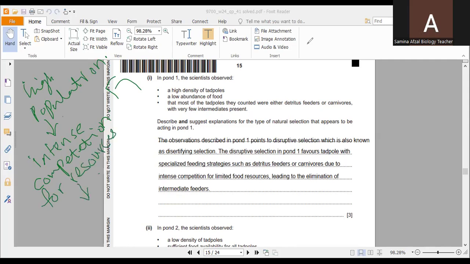Due to this intense competition for resources, the resources are scarce, less available.